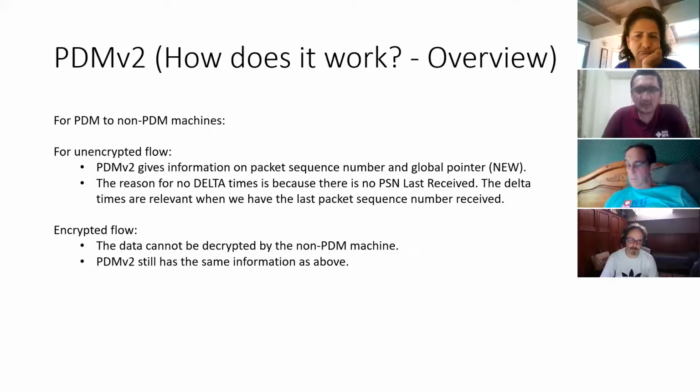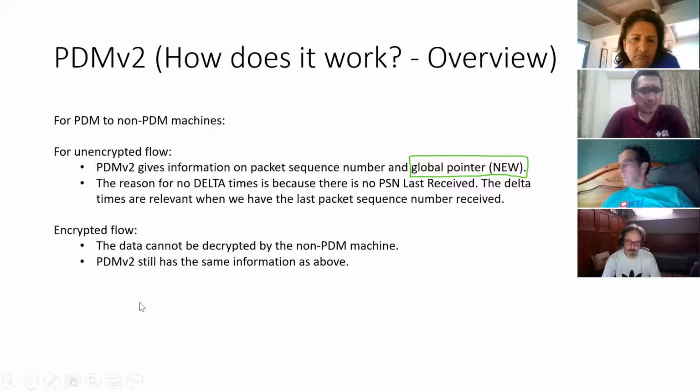We don't have the delta times because there is no last packet received sequence number. The global pointer is a new field we have, a new metric we've added, and I'll discuss it in more detail.